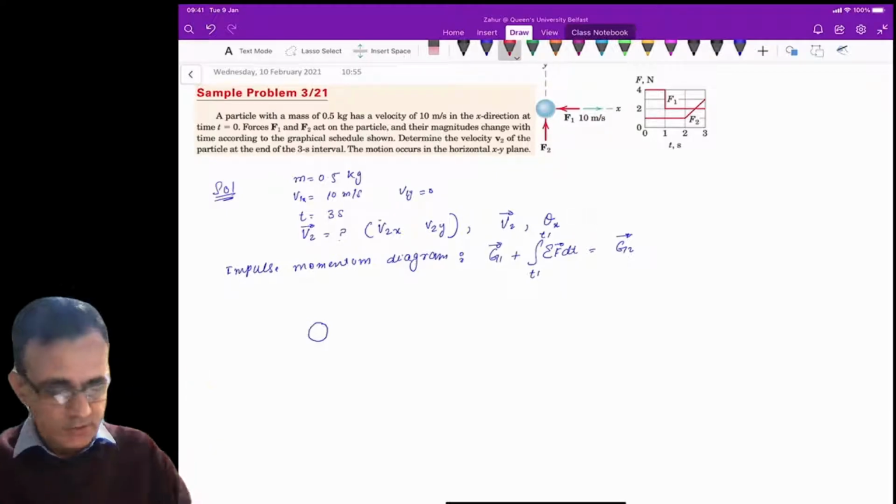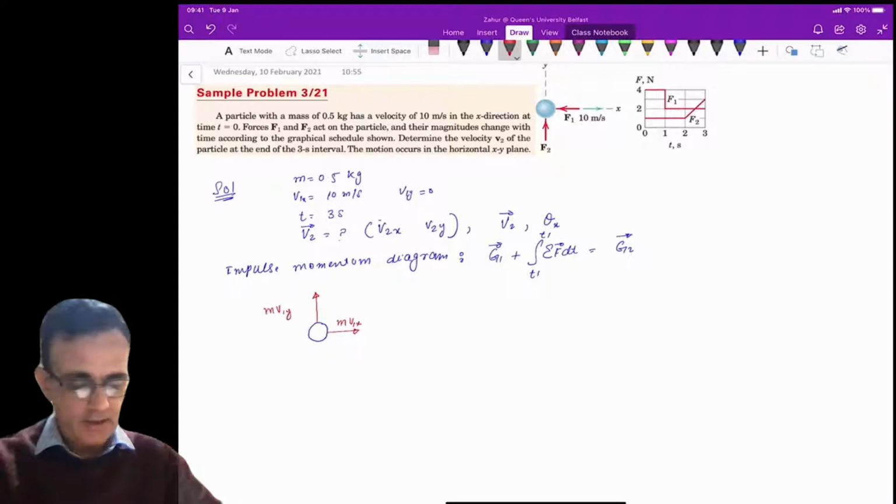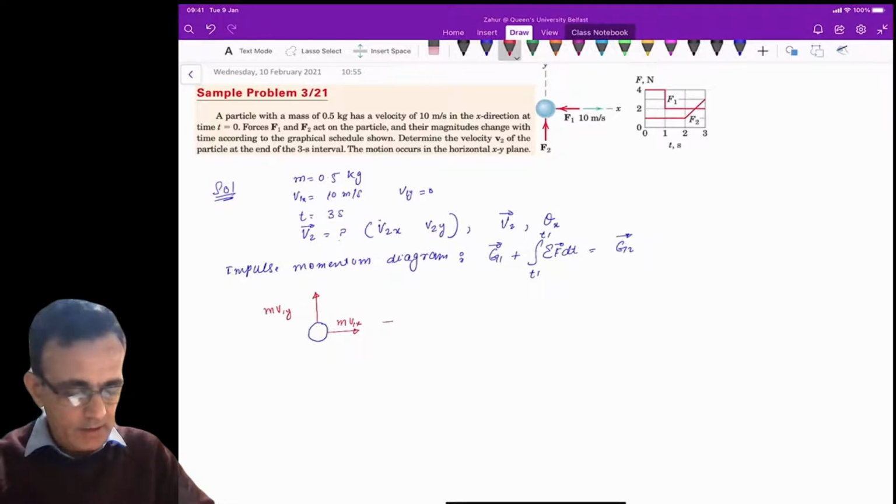So if you do that, G1x will become mv1x, and this will become mv1y here, and then plus the impulse.